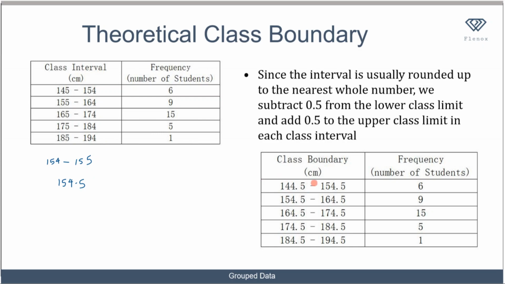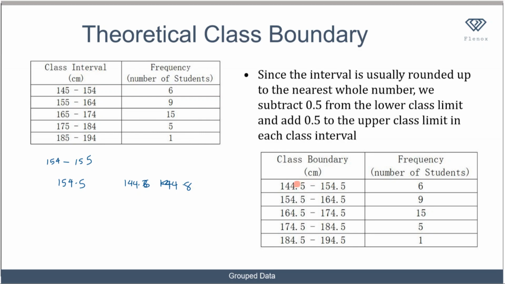Now if I look at this class boundary carefully, I can see that for values like, say, 144.3 or 144.6, rather 144.8, I know that they will fall in this first range.